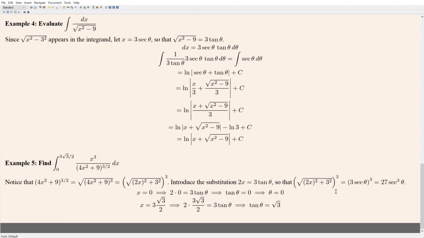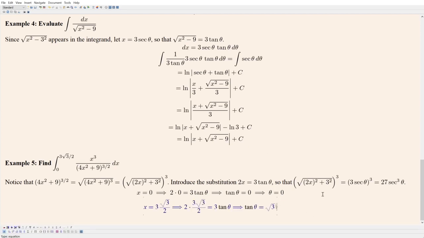So let's see. Might have to break out your unit circle for this. So what angle between negative pi over 2 and pi over 2 gives us a tangent of root 3? I think that is going to be pi over 3. Is that right?